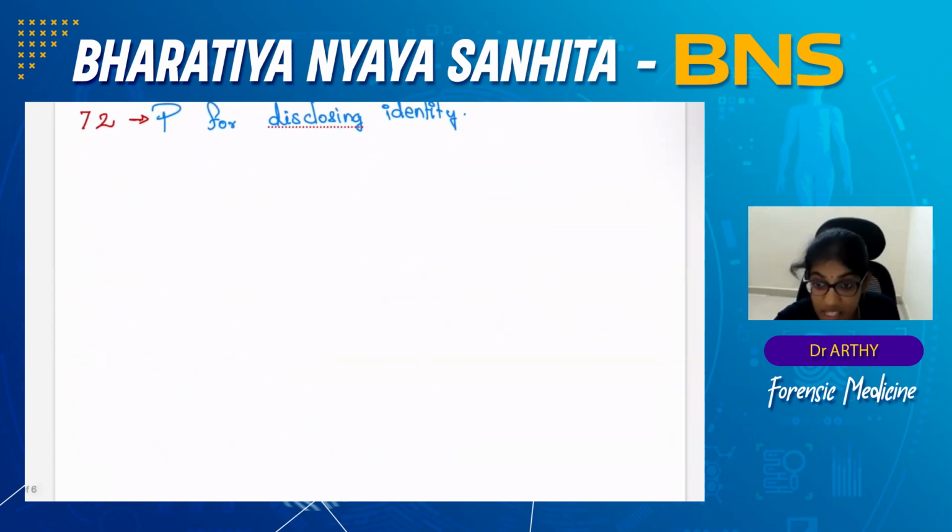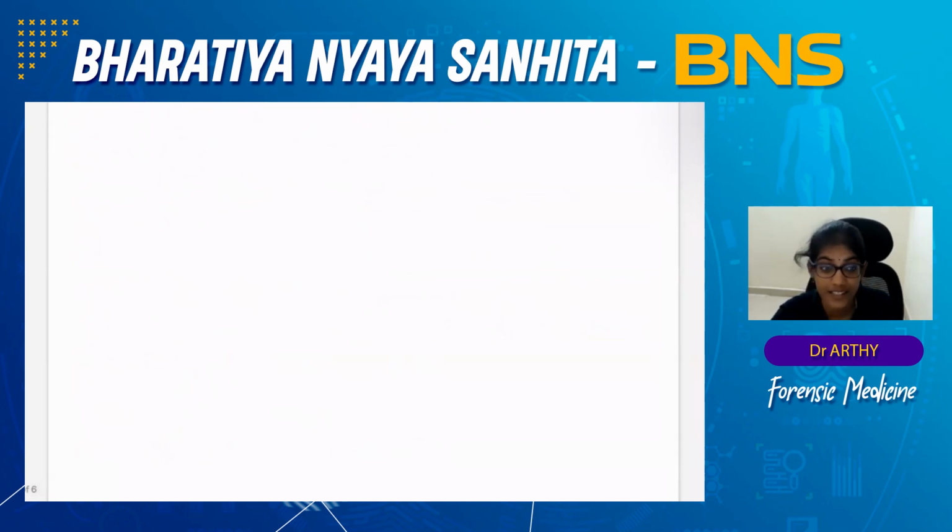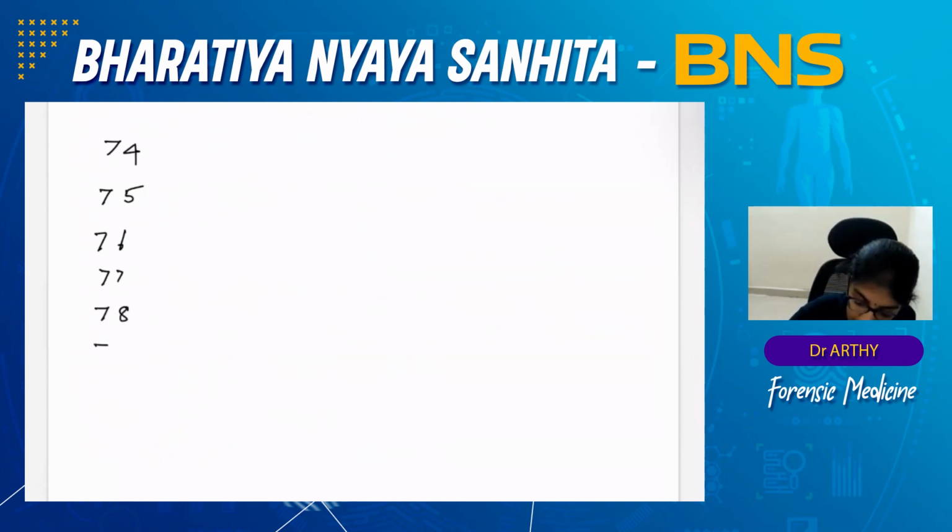All right. Now we started with 64. Now let's start with number 74. 74 starts talking about using criminal force to outrage the modesty of a female. So we have 74, 75, 76, 77, 78 and 79.